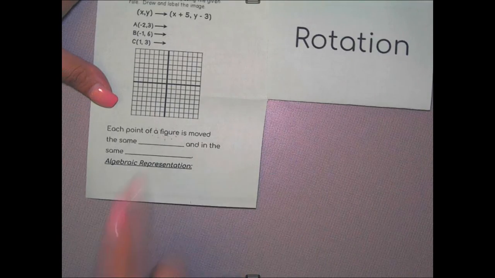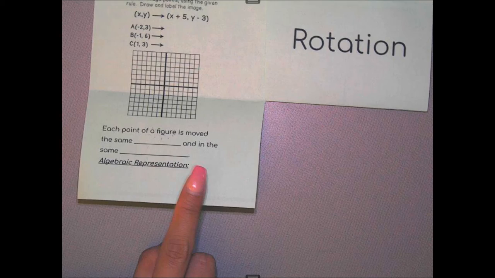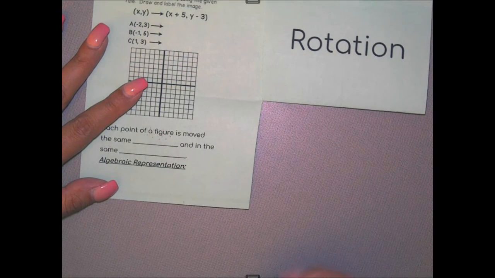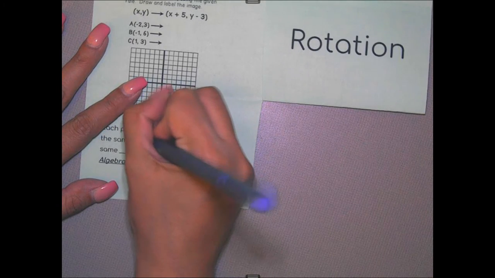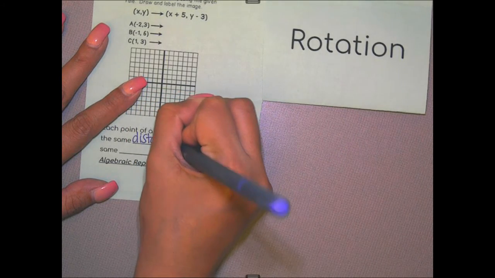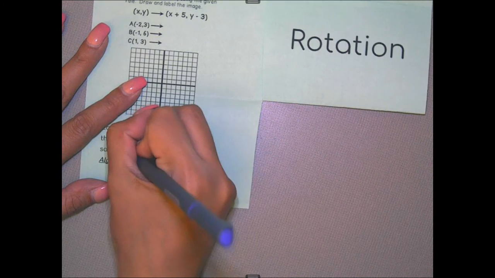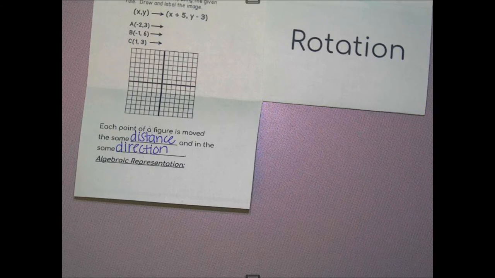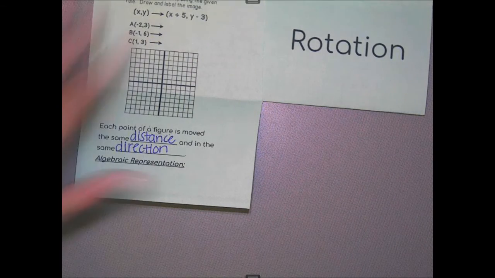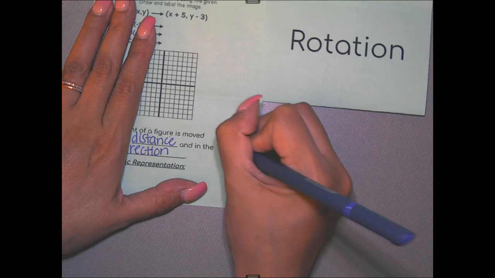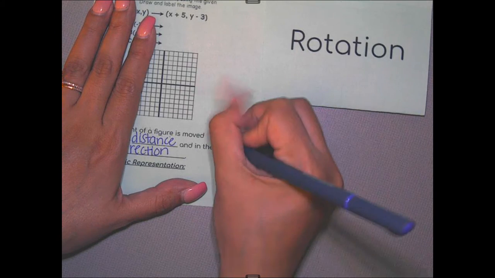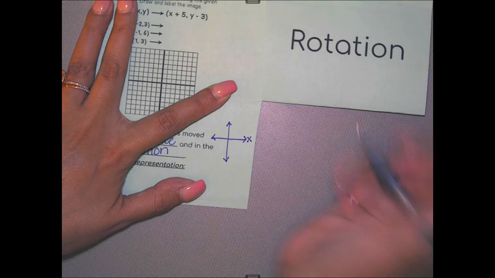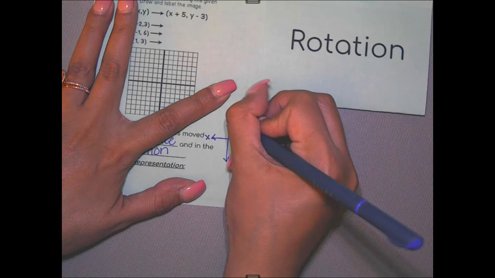So let's get started on this one. And we are going to start here with the definition and the rule. So it says each point of a figure is moved the same distance and in the same direction. All right. So what I need you to do is we're going to make a little coordinate plane, and we're going to label our x-axis and our y-axis.